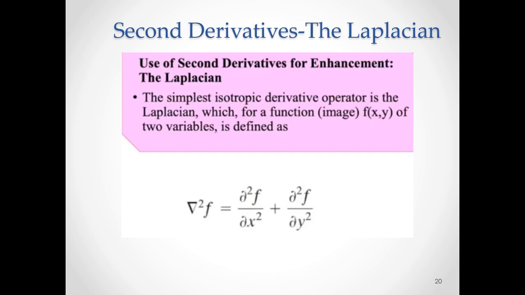The second order derivative has strong response to finite details such as thin lines and isolated points in an image. The first order derivative generally has a stronger response to gray level step. The second order derivative produces a double response at the step change in the gray level.